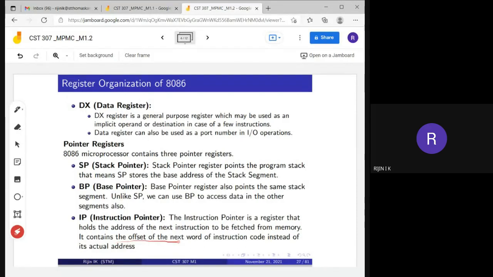It contains the offset of the next word of instruction code instead of its actual address. So that is the instruction pointer.